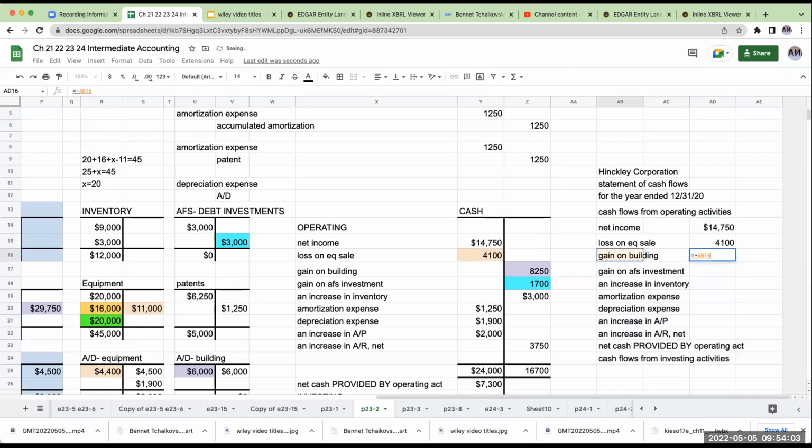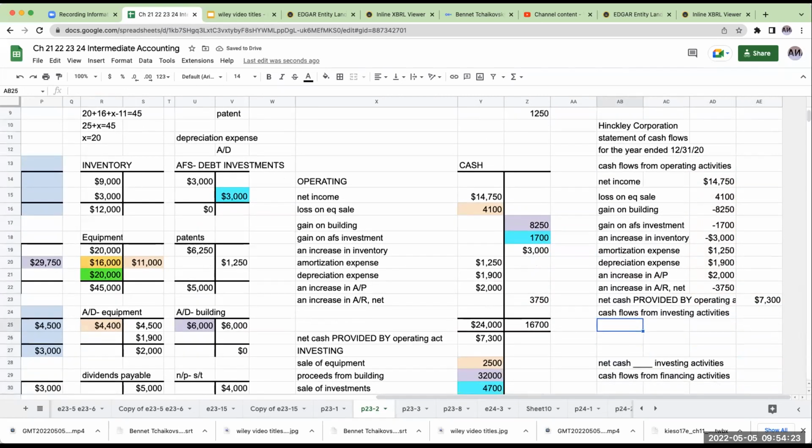If it is a credit, it's going to be a negative amount on the statement of cash flows itself. So over here, my net cash provided by operating activities is going to be a total of 7,300.